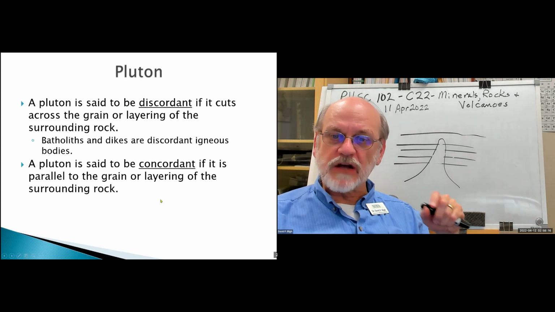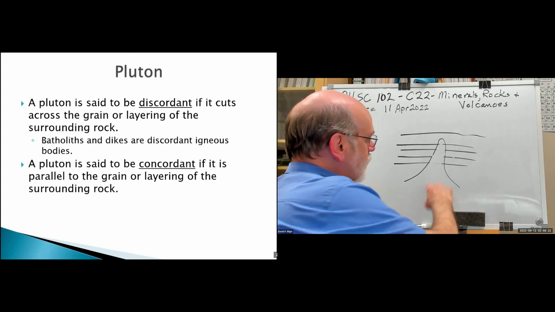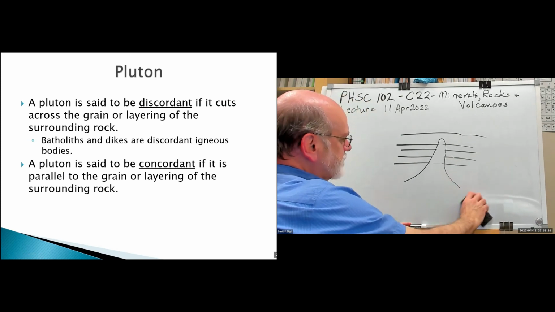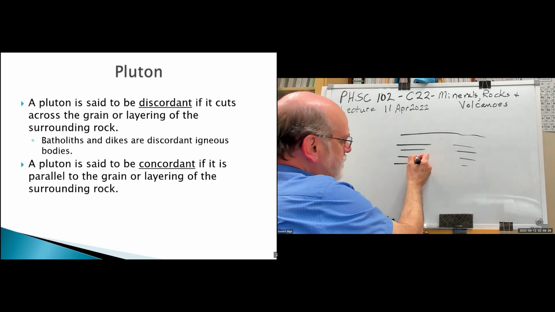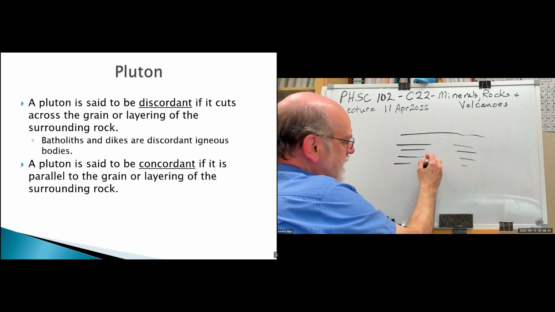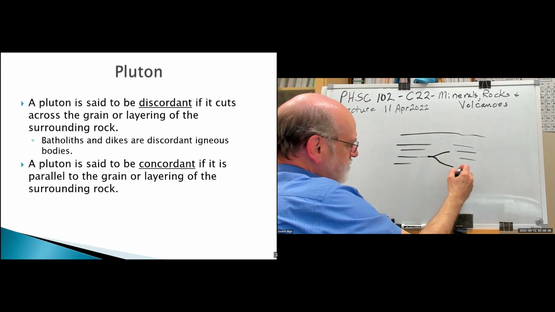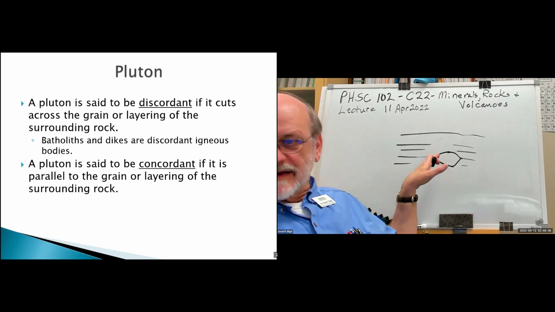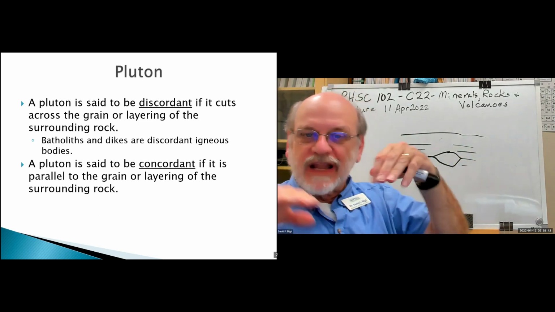If the pluton is concordant, then it runs parallel to the grains or layering of the rock. So if it comes in like this, and it tends to, right, it does that, and sort of fits itself into the layering.